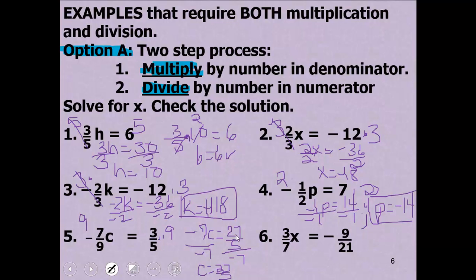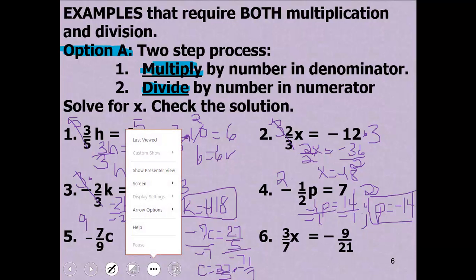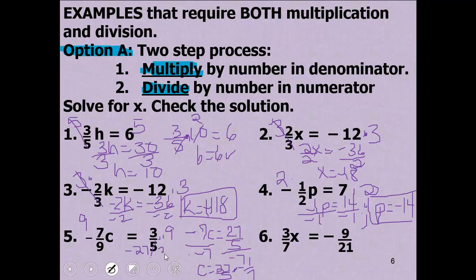Keep, change, flip, times a negative 1/7. Now I'm multiplying top times top, and I get negative 27 over 35. Negative 27 over 35, okay? All right, go ahead and try number 6 on your own and see how it goes.